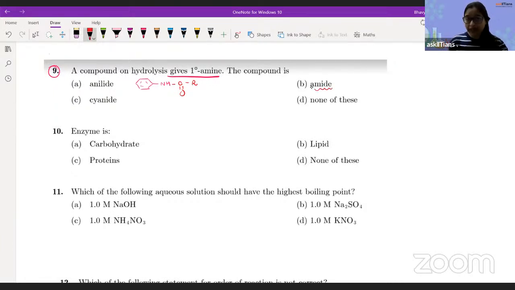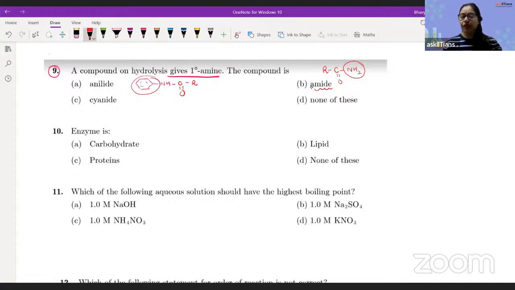Whereas what is an amide? The difference between these two is that in an amide, our C double bond O N is in the form of NH2. Whereas in an anilide, the nitrogen is also substituted with something. So it is like an amide, but where the nitrogen is substituted.